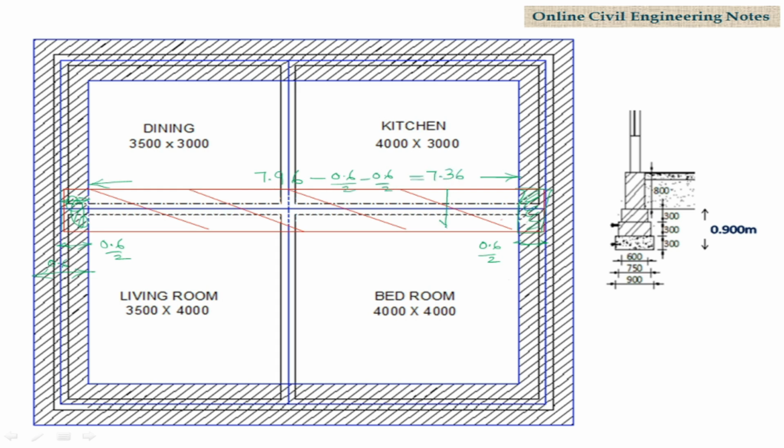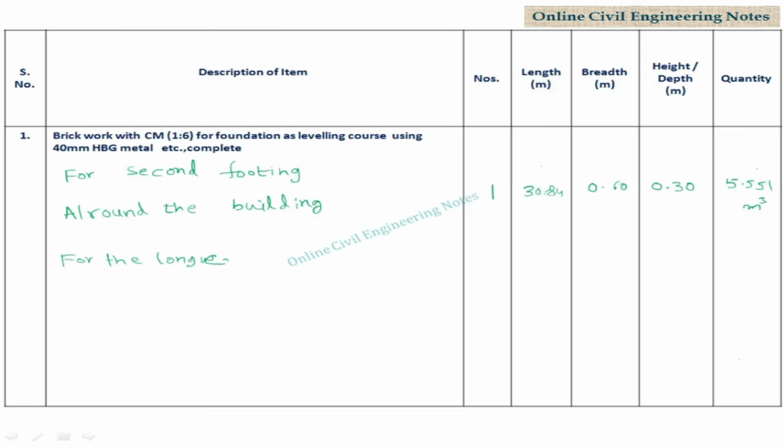The width of second footing is 0.60 meters. Thickness is 0.3 meters. For long cross wall between dining kitchen and living bedroom.